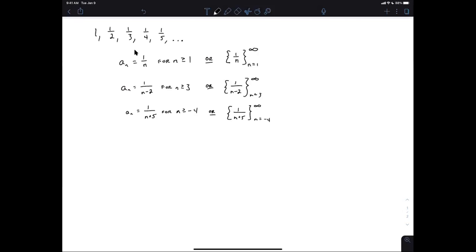There is always a first value in the sequence. So maybe it's for n equals 1, or maybe it's for n equals 3, or maybe it's n equals 0. The most common are for n equals 1 or n equals 0, but it could be whatever we want, the way we're defining sequences. So the domain is the set of integers greater than or equal to some integer.